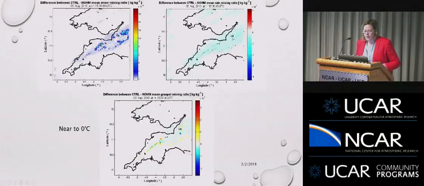If we check how it affects the rain, the snow, and the graupel formation near 0 degrees, you can see that in the control case we have more snow, and also we have more graupel, which is shown by these yellow and reddish colors.